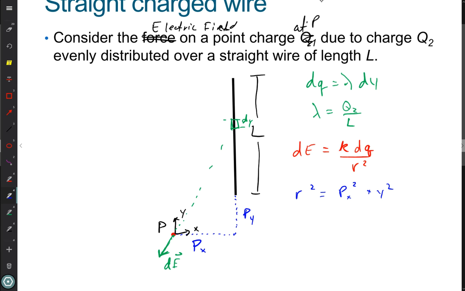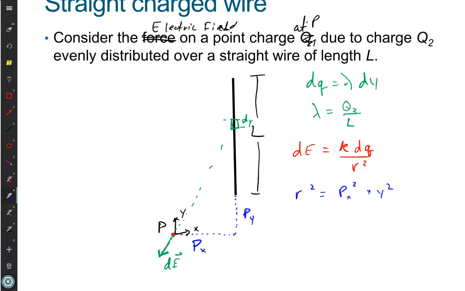Notice y in my integral is going to start at py. It's not going to start at 0. So r squared is px squared plus y squared. I'm not going to substitute that in until I have to, because that's a lot more writing. And dq is lambda dy, and lambda is q2 over L, so we have that. Once again, I'm going to stick with the shortest writing possible. So I'm going to leave it like it is and go to my next step, break it into components.